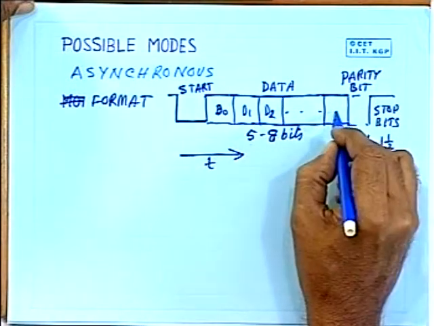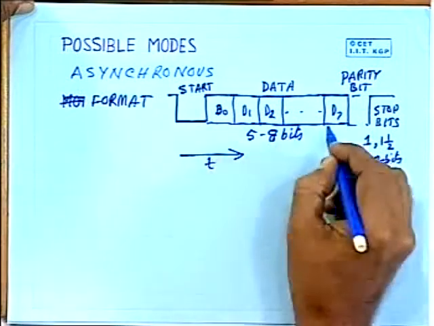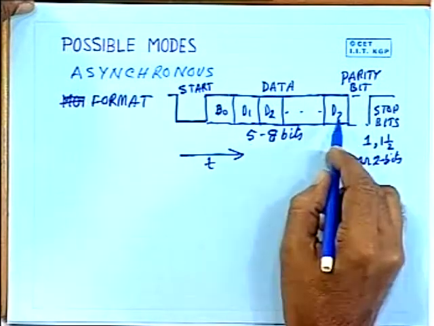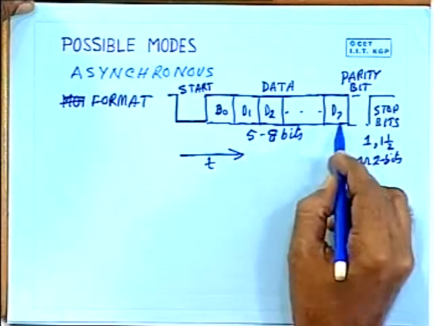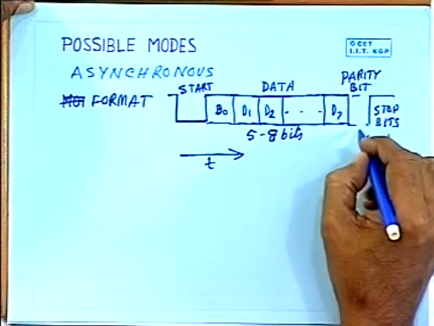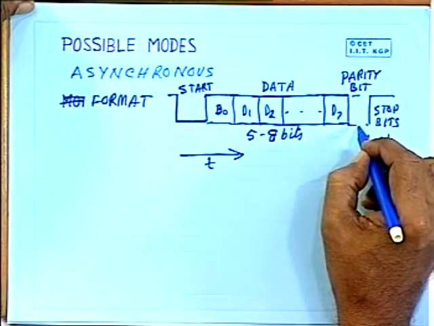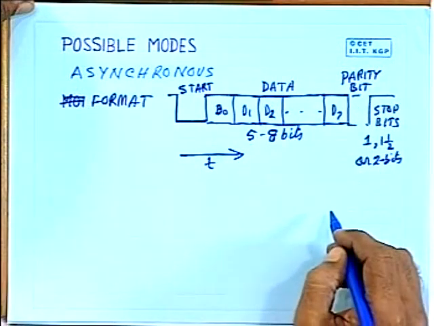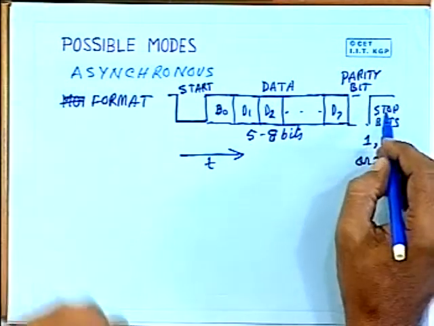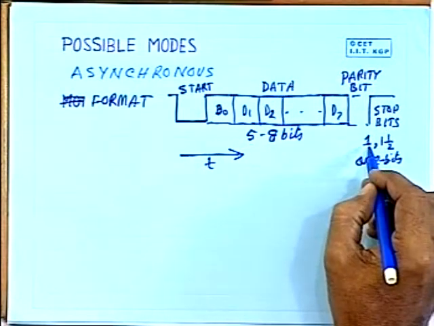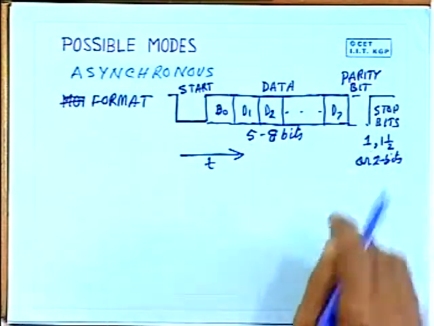In this way, it can be up to D7, 8 bits, but it can be D4 as well. After the data bits, there is a parity bit. A parity bit can be sent, but this is optional. It may be present, it may not be present. Then you will be sending stop bits of 1 or 1.5 or 2 bits in length.